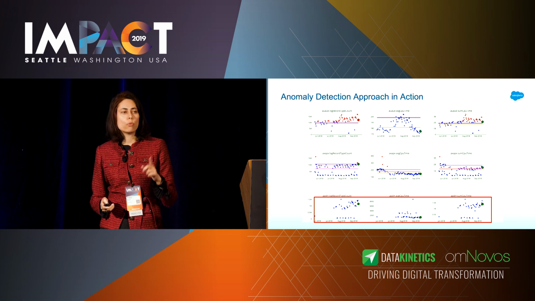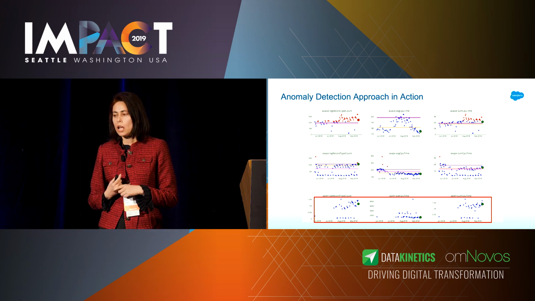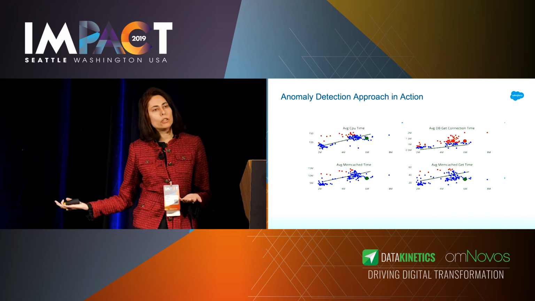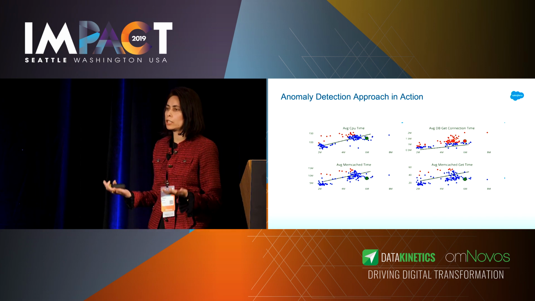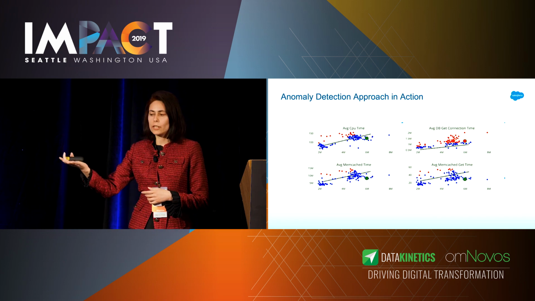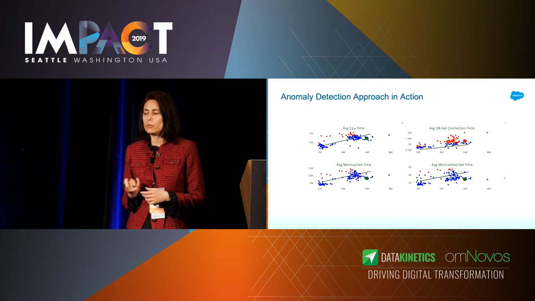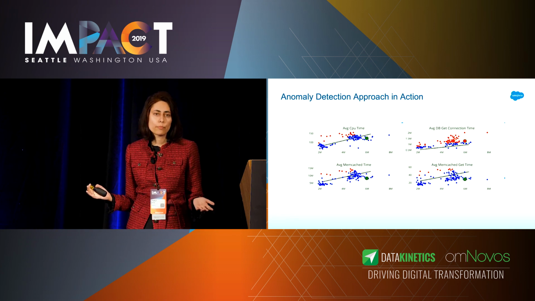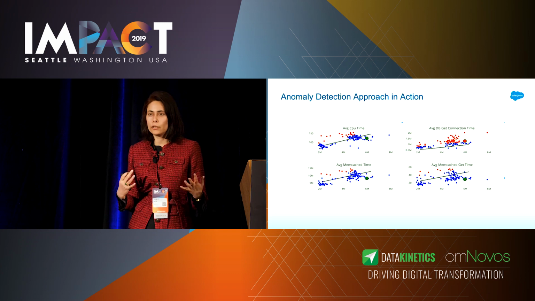We can go one level deeper, and for a particular transaction type, I can now look at some performance metrics for that transaction type, right? So for the transaction type that I'm looking at here, I know instantly that my DB get connection times have gone up. Once again, this is release over release comparison.